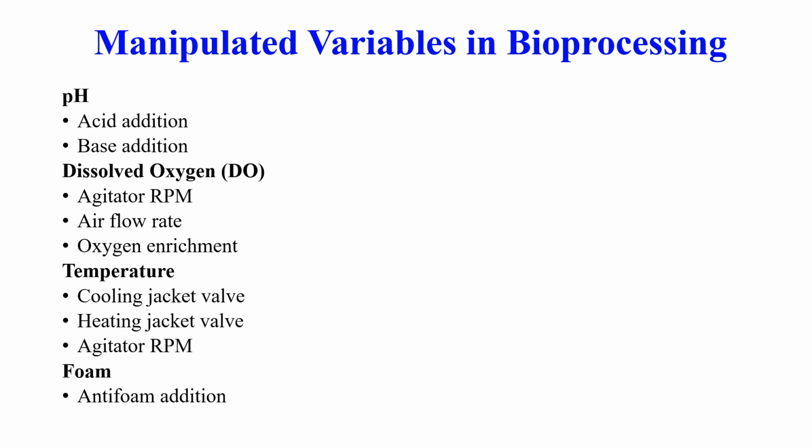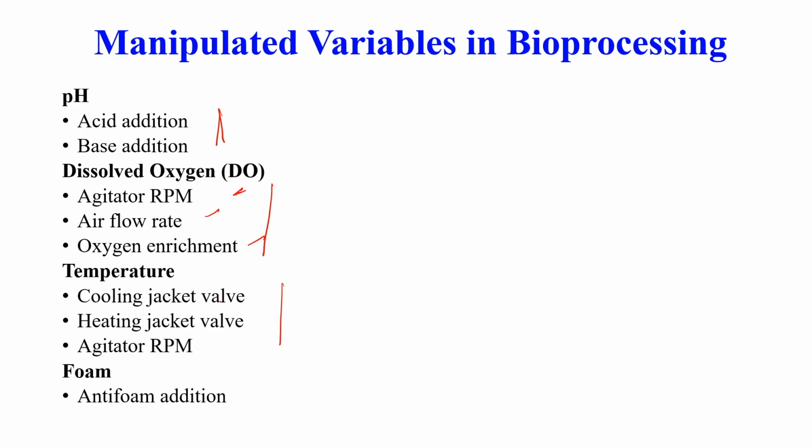Now, in bioprocess, apart from disturbances, there are various manipulated variables. For example, in the case of pH, the final control element can go for acid addition or base addition. In the case of dissolved oxygen, it can adjust the agitator RPM, air flow rate or oxygen enrichment.